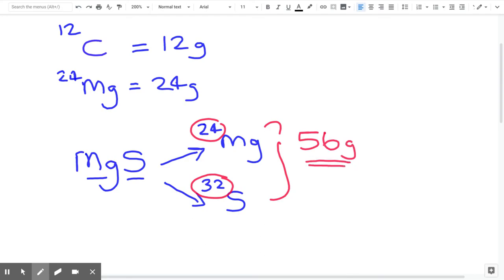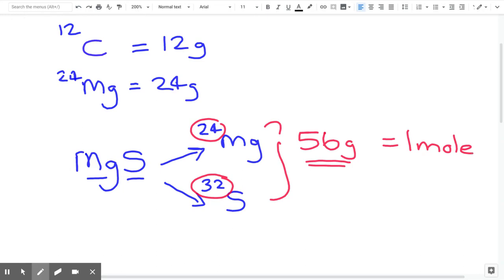So if I were to weigh out 56 grams of magnesium sulfide, that would have the same number of magnesium sulfide particles, they're ions, but in terms of magnesium sulfide entities, it would have the same number of particles as the 24 grams of magnesium, or if we were comparing to 12 grams of carbon. 56 grams of magnesium sulfide would have 1 mole of magnesium sulfide particles within it.